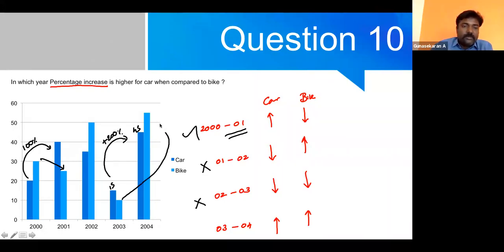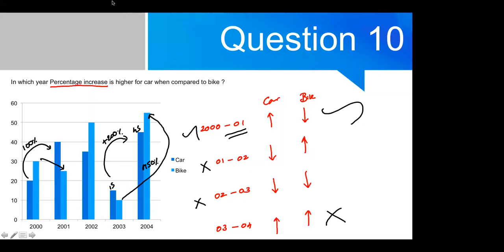But 10 to 55, it is increased by 450%. So 2003 to 4 not possible. Only 0 to 1 possible. Is it clear? Understand this first. Apply the same for 11.